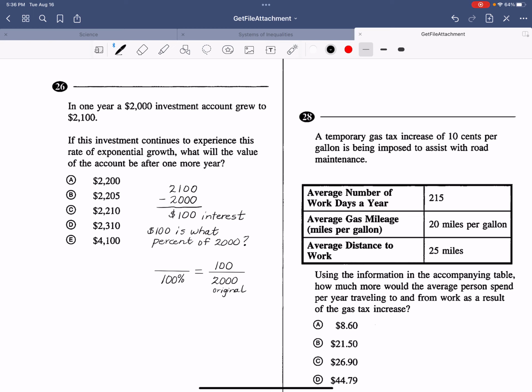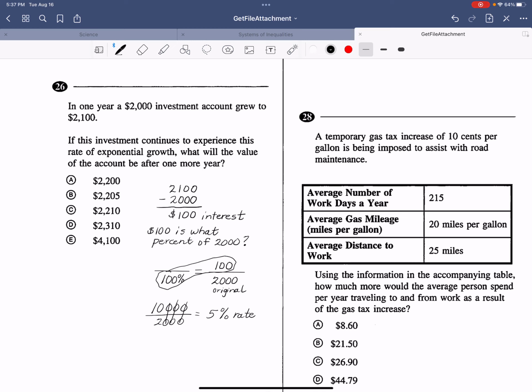And then this is certainly solvable from here. So 1 times 1 is 1, and 4 zeros divided by 2,000. So I'm canceling and I get 5. So the percent is 5%. That's my interest rate.